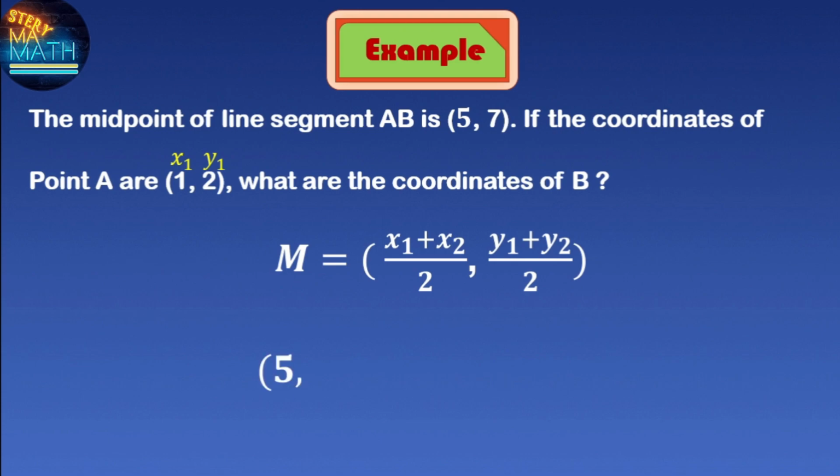So the midpoint 5, 7 is equal to x1, which is 1, plus x2 divided by 2. And y1 is 2, so it will be 2 plus y2 divided by 2.